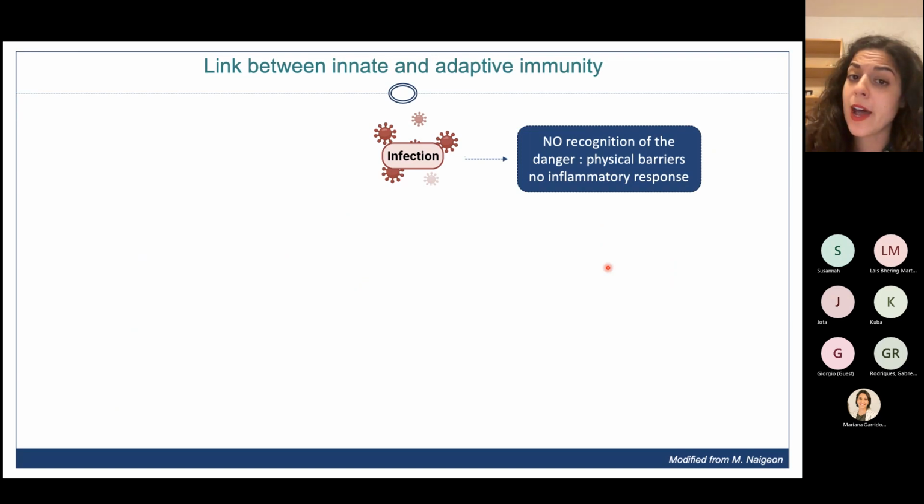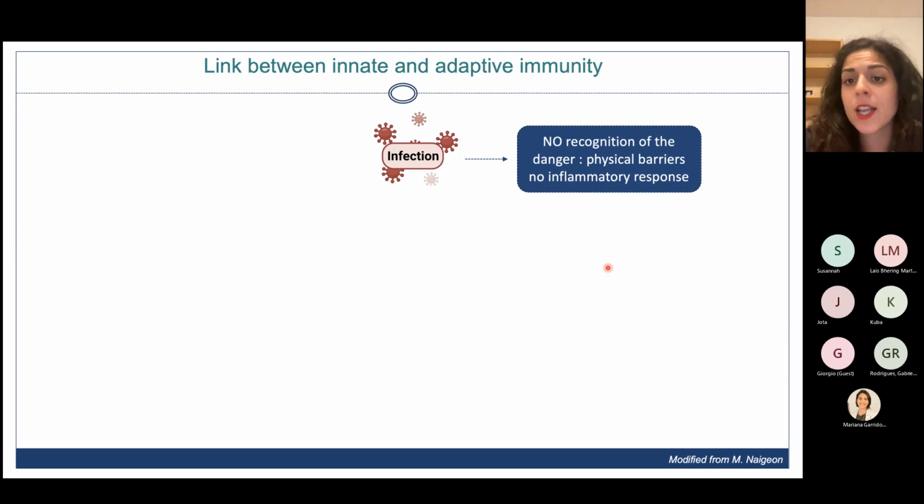So what happens when you sense a danger? First of all, you can have no specific recognition of the danger, because on your body, for example, the skin is a physical barrier, so it will impede the danger from getting inside your body.